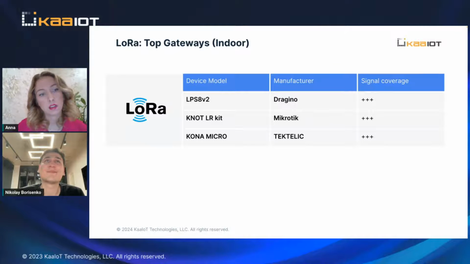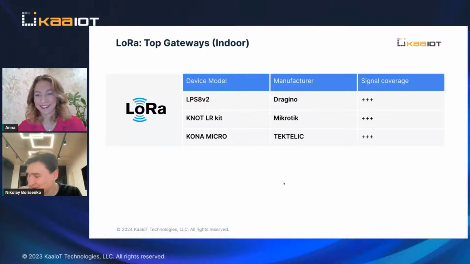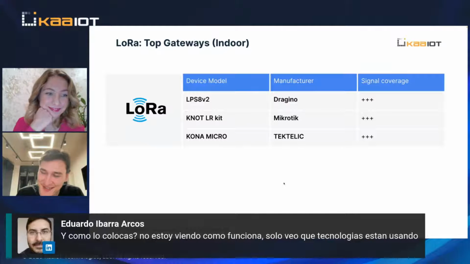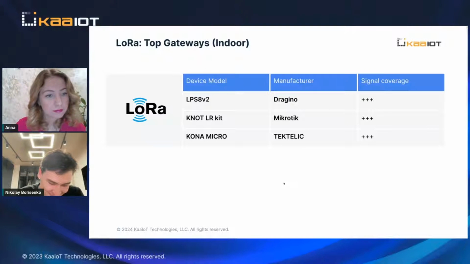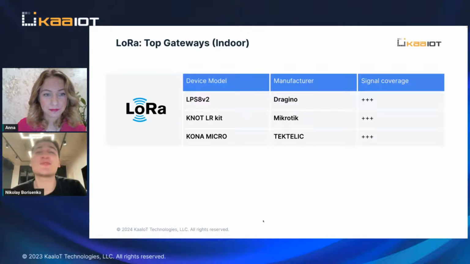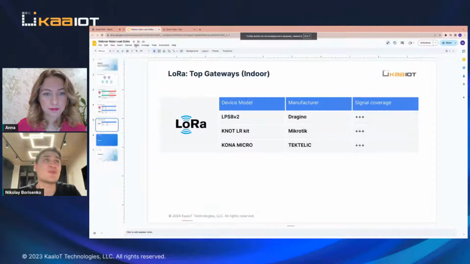Yeah, sure, let's talk about Kaa. Finally, yeah, because we mostly focused on the sensors and other things. So I won't show the whole Kaa functionality. I will just show the example which we have for the water leak detection system.